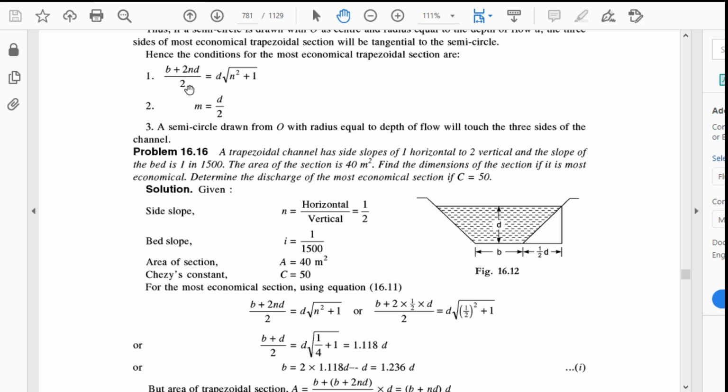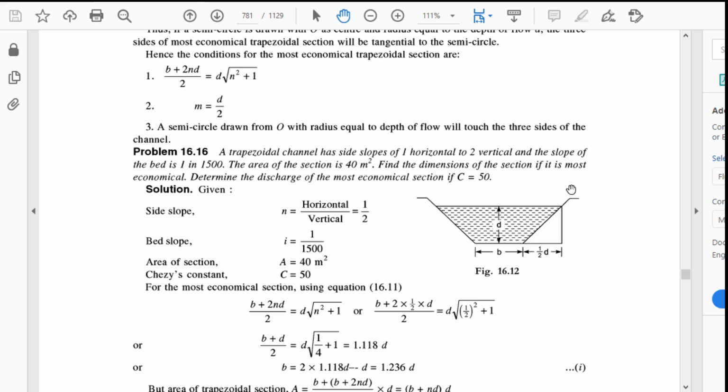First is half of the top width should be equal to one of the side slopes, that is (b plus 2nd) by 2 should equal d square root of n square plus 1. D square root n square plus 1 is nothing but your sloping side.